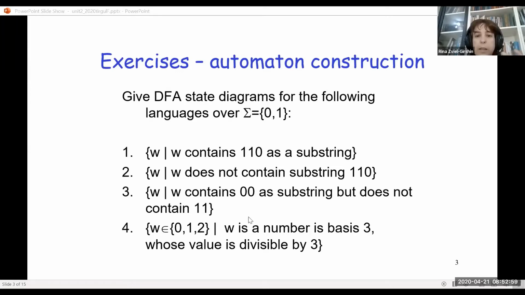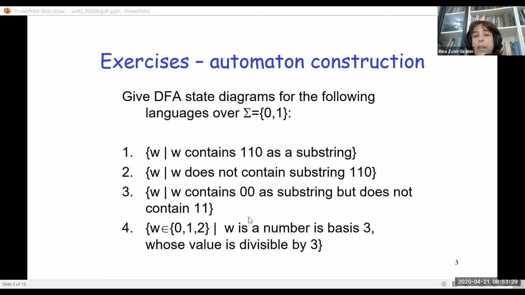I prepared the list of questions and published it before the practice exercise. So we are starting now with the first question. You need to draw or build a deterministic finite automaton for the following languages. So let's start with the first language. The first language: we have W over the alphabet 0, 1.